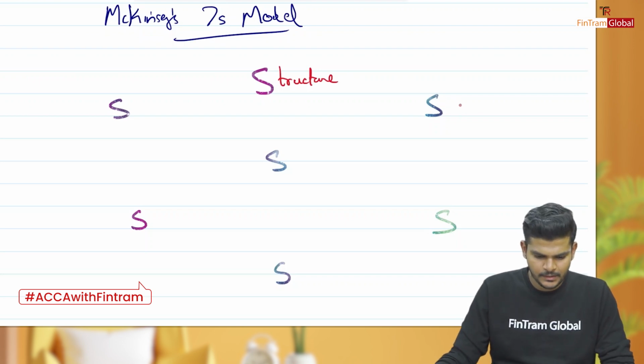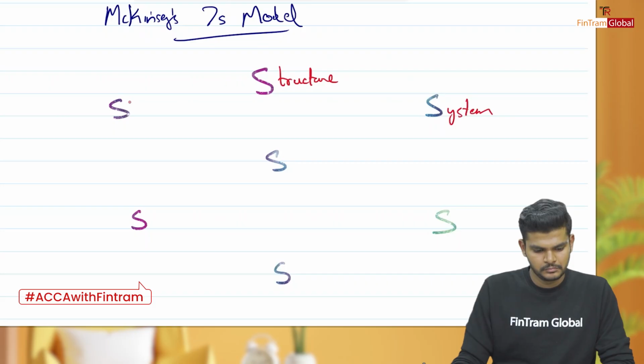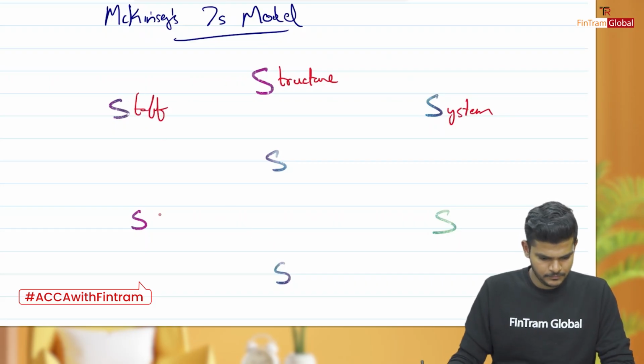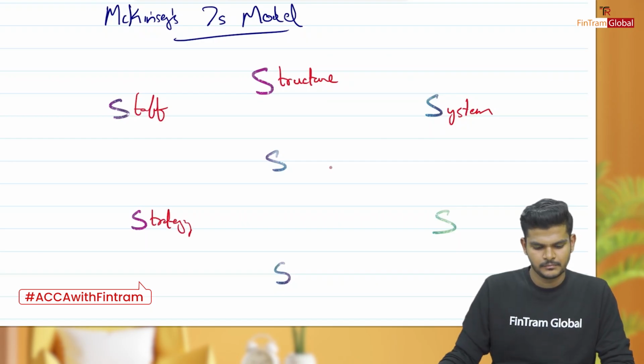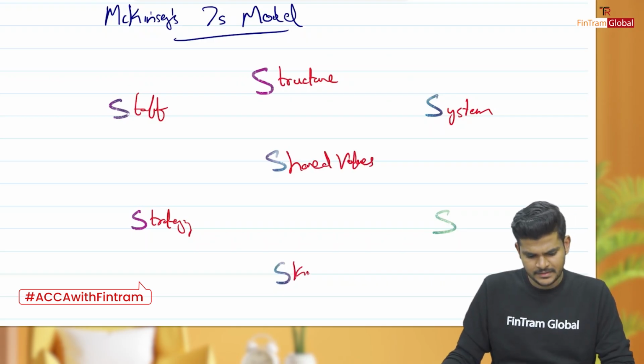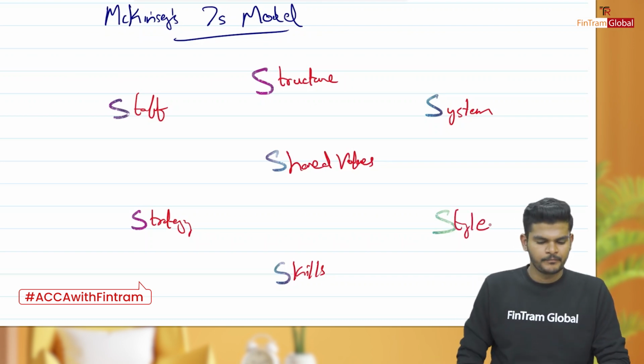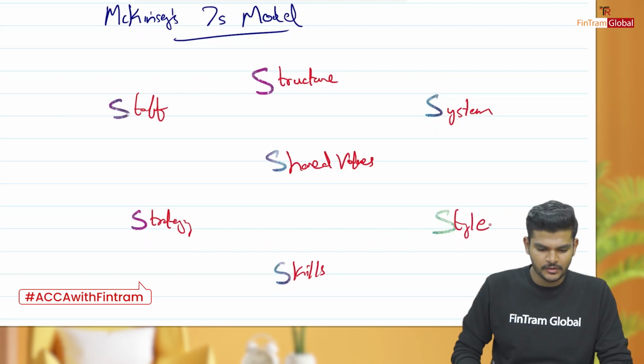There would be system, staff, strategy, shared values, skills, and style, right? These are the 7S model, right?